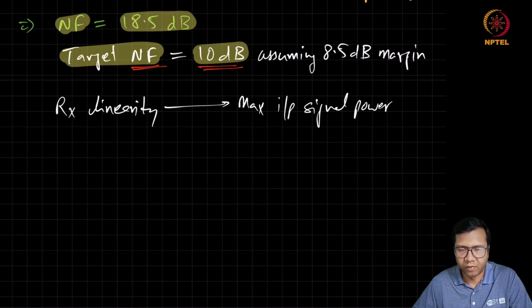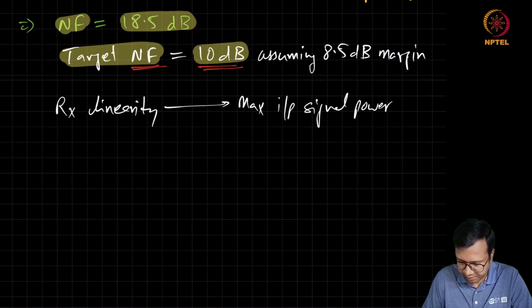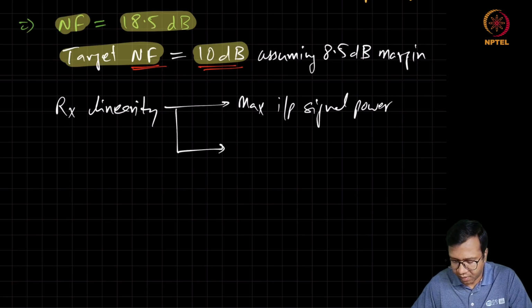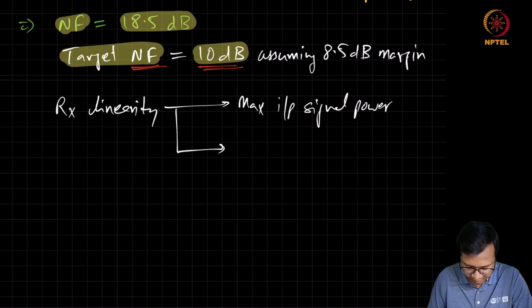Indirectly it tells us what should be the compression point of the receiver so that the receiver doesn't saturate. And the second specification we get from the standard is about the strength of signal which is going to be present in the adjacent and the alternate channel.